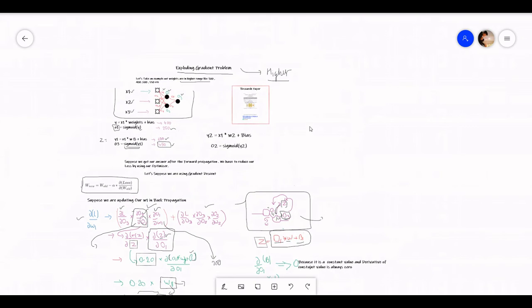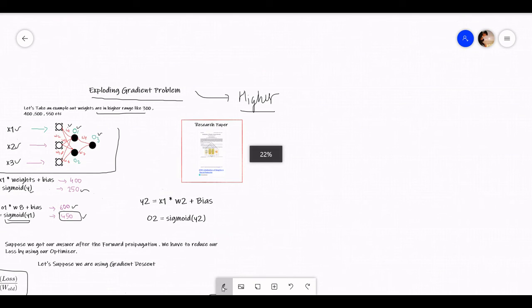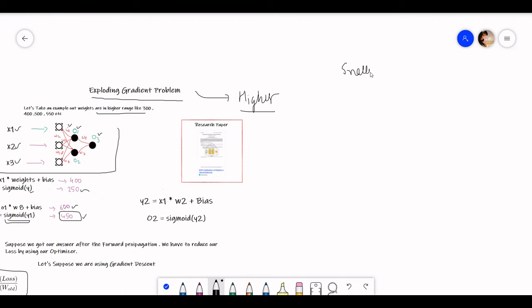So we have to remember that our weights should not be large. They should be small, but they should not be very small, because in that case it will show us the vanishing gradient problem. But in the case of higher values, it will show us the exploding gradient problem.